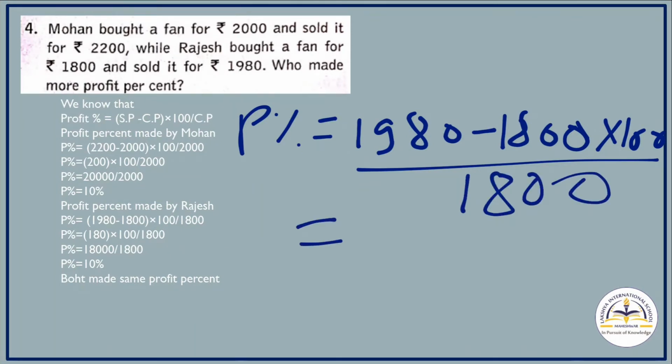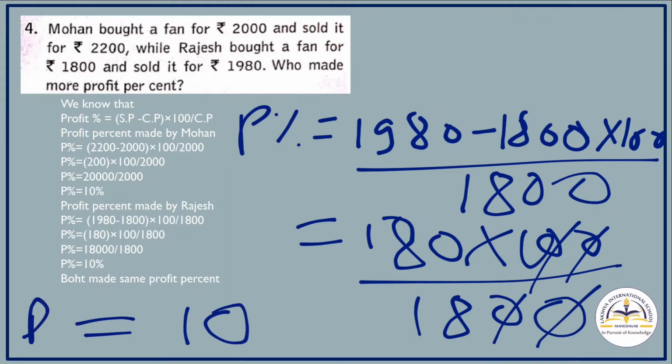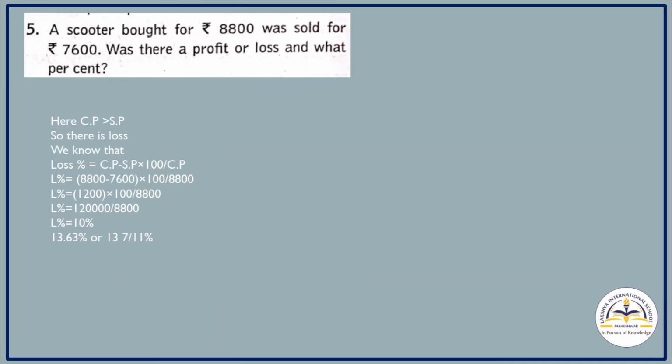Now when we will subtract, you will get 180 and then 100. Now 1800, 0 cancel, and again we have got the same answer, that is 10%. It means both made the same profit percent because both have the profit percent, that is 10%.